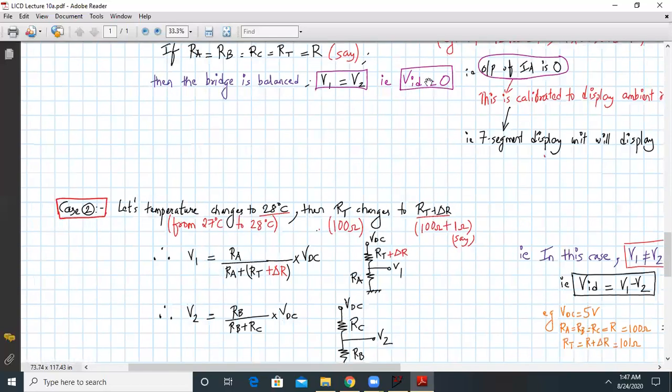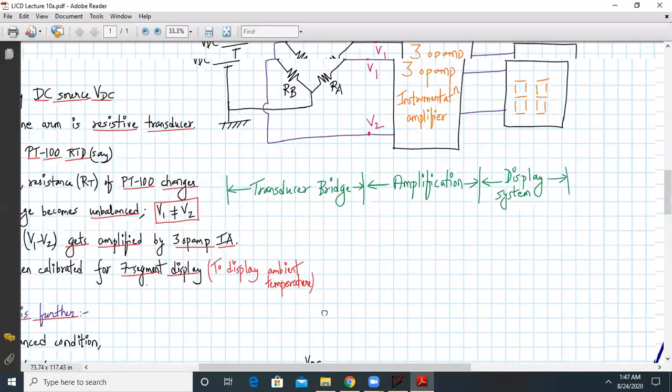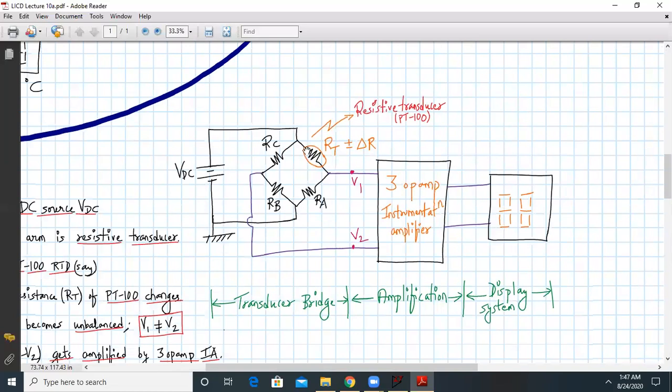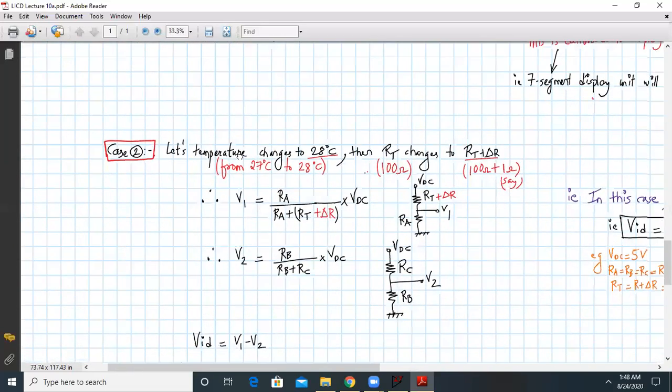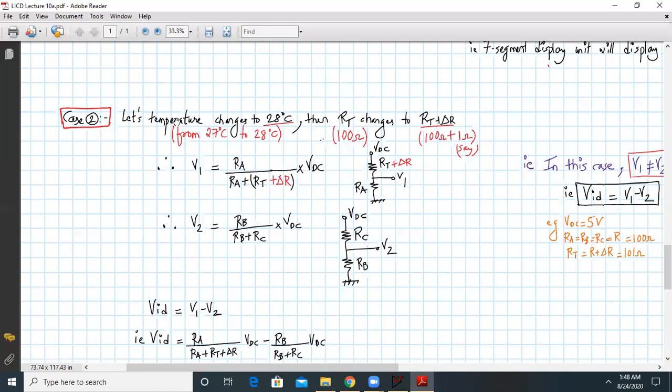In the second case, let us go back to the bridge. In the first case, 27 degrees Celsius was displayed. Now let's say the temperature changes from 27 to 28 degrees Celsius. What sequence of events will happen? Let us investigate. The resistance will also change.